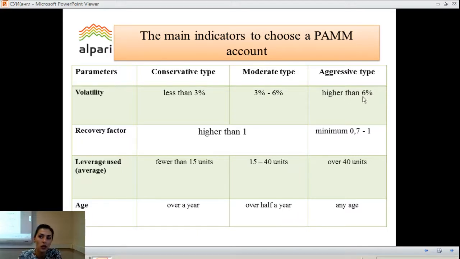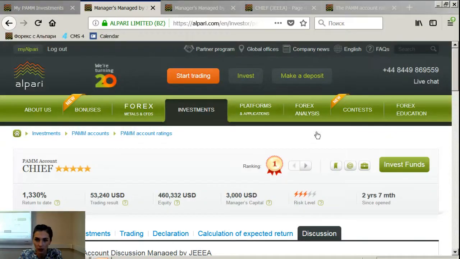And the aggressive type: higher than 6% volatility, minimum from 0.7 to 1 unit, this is about recovery factor, over 40 units, this is leverage used, and any age of the PAMM account, because it's unpredictable when the PAMM account manager has the aggressive strategy.